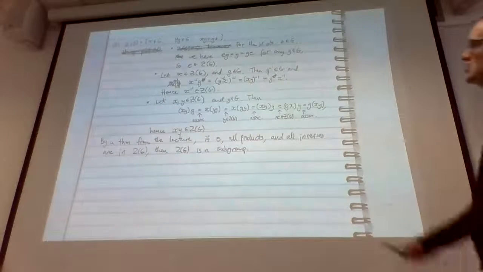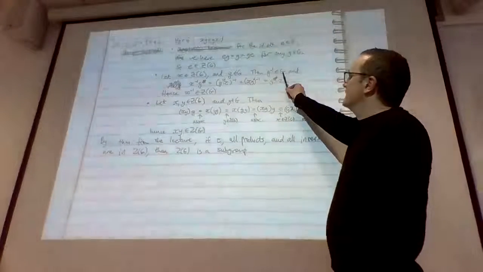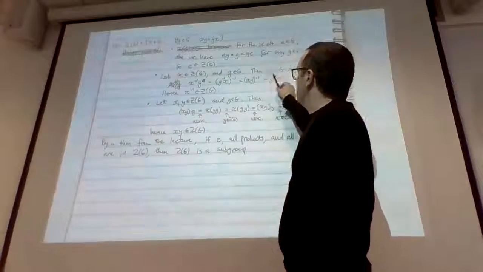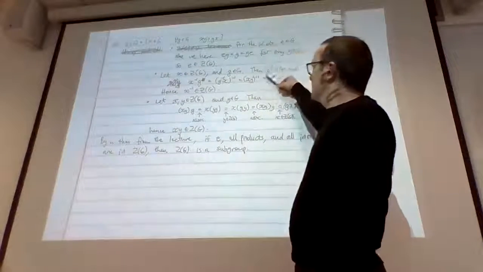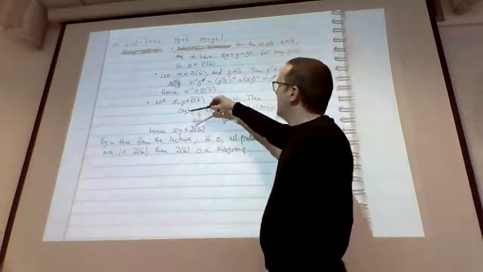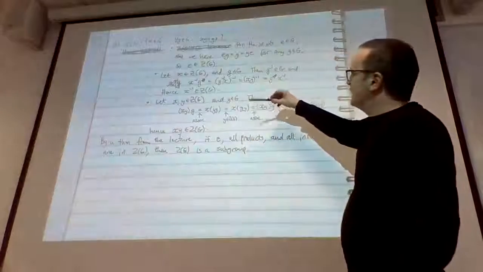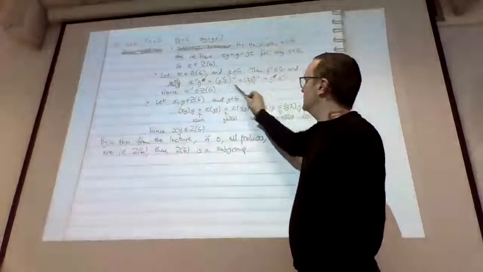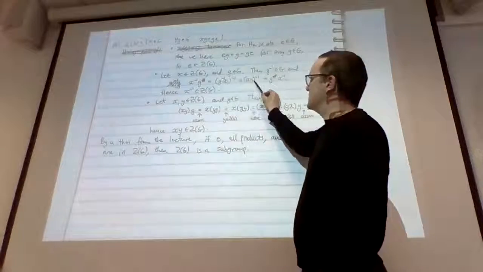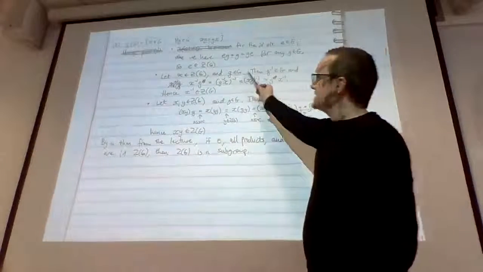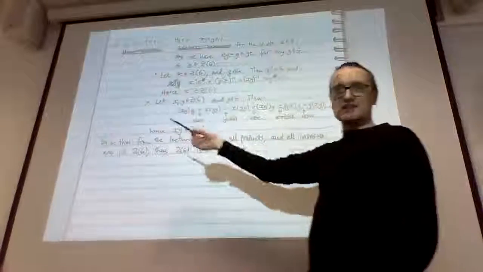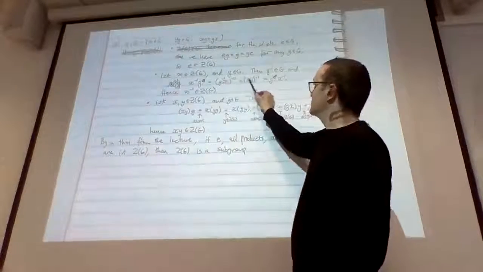So you focus on G inverse. You choose an appropriate element from G, we're calling it G inverse. And this is what we know in the middle: this middle equation, that X commutes with G inverse. Why? Because X is in the center, it commutes with everything, so in particular it commutes with G inverse.